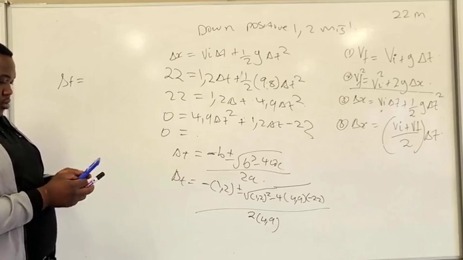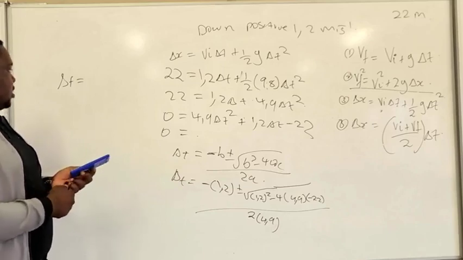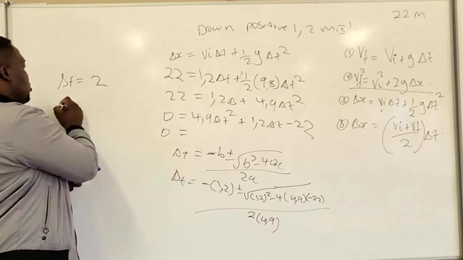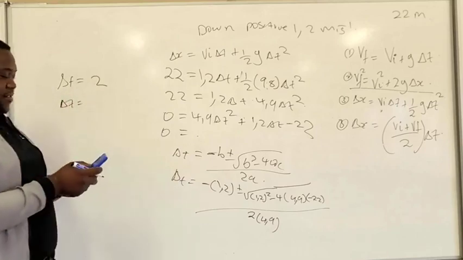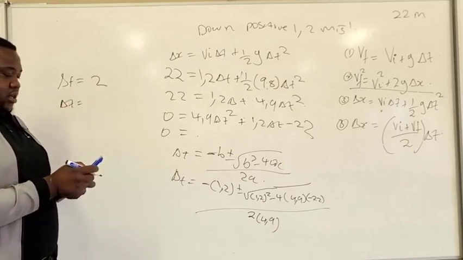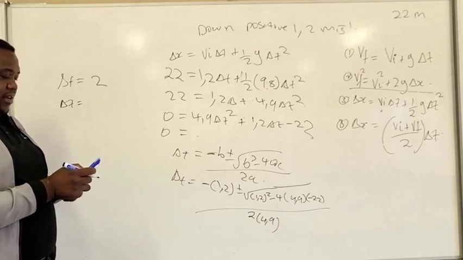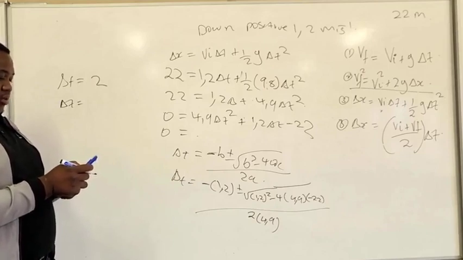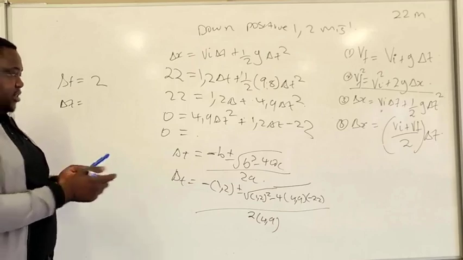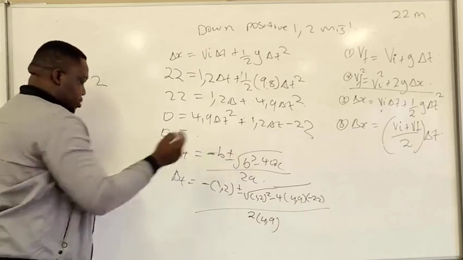So what do we get then? We get 2. When we have a positive, the change in time is 2. Let's see what we get if we remove the positive and put a negative.